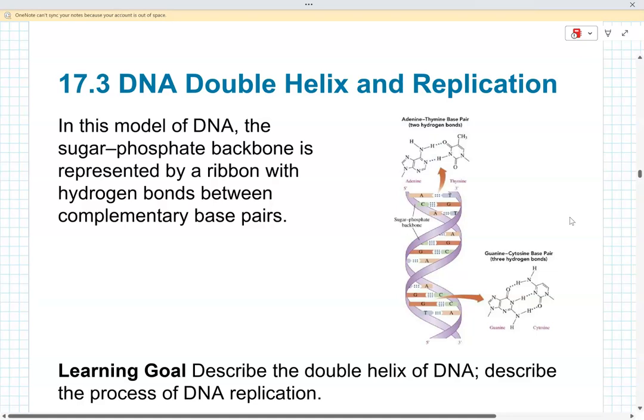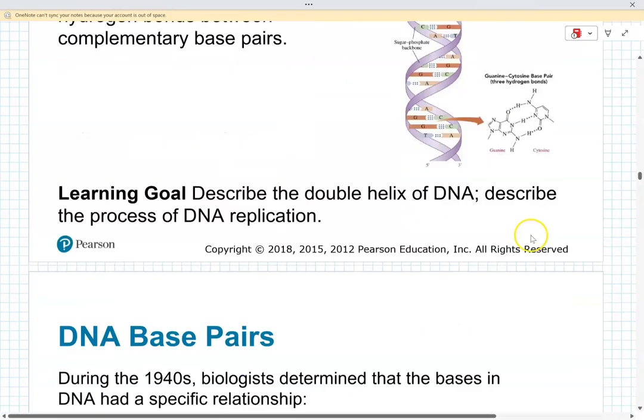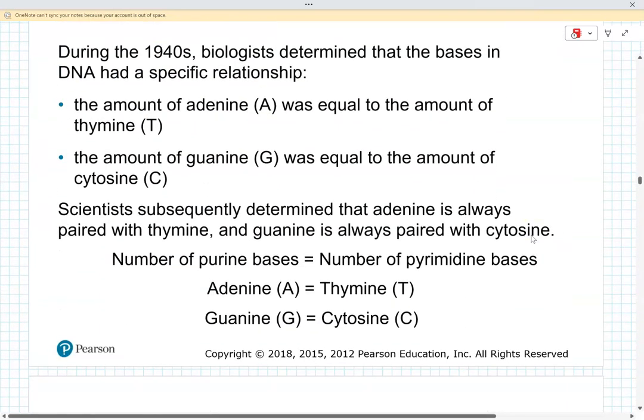Now, the major difference between DNA and RNA, another major difference, is that RNA has just one strand, one chain of nucleotides. DNA has two. So in the 1940s, British scientist, I think he was Michael, last name Chargaff, he was looking at the chemical composition of nucleic acids, okay?